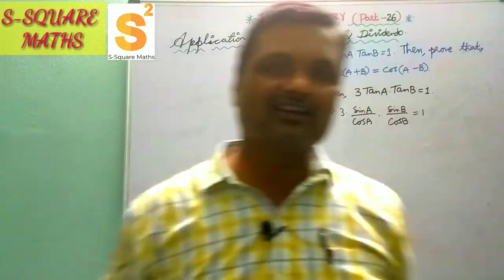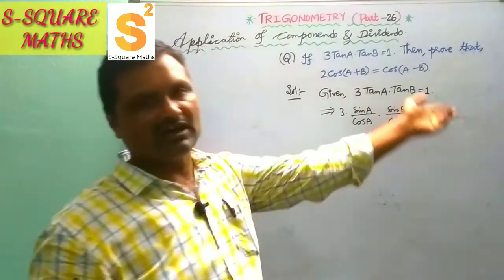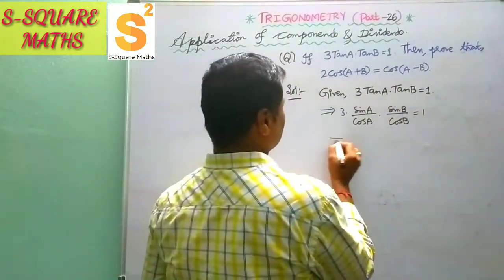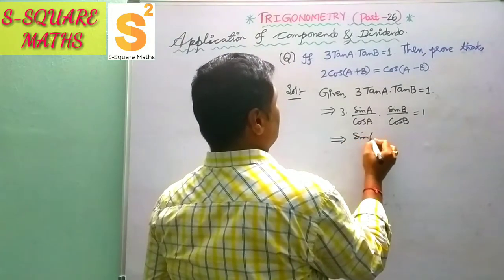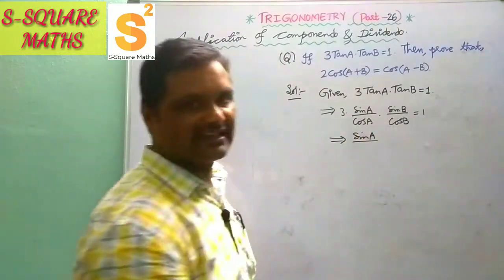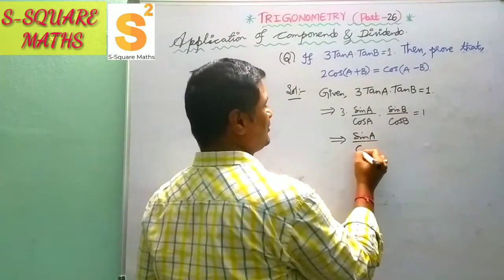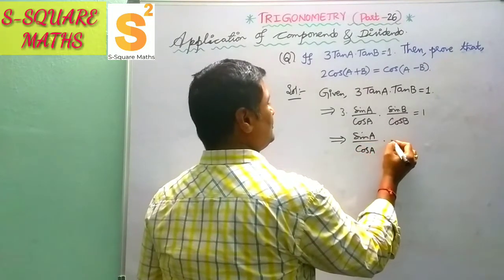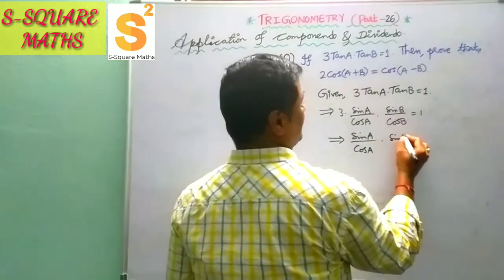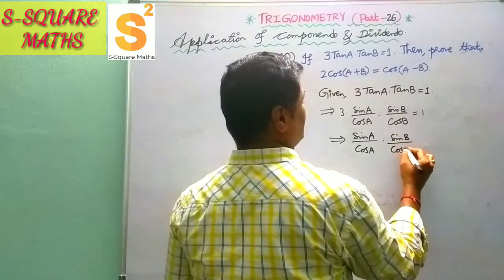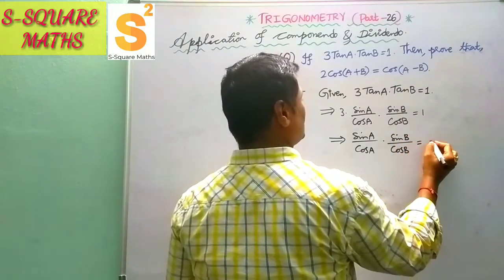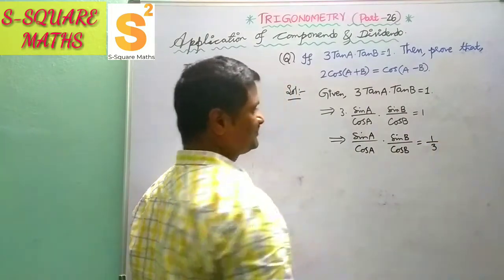Shifting or transposing the 3 to the RHS, I can write sin A upon cos A into sin B upon cos B, which is equal to 1 upon 3.